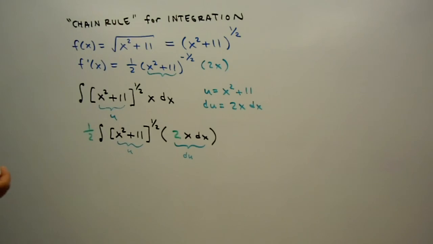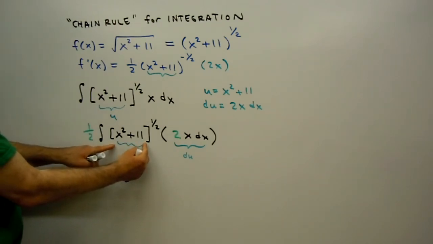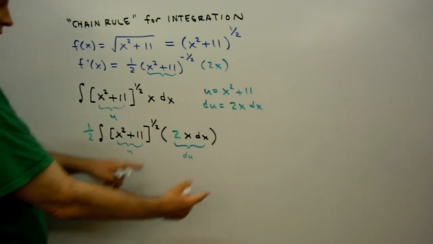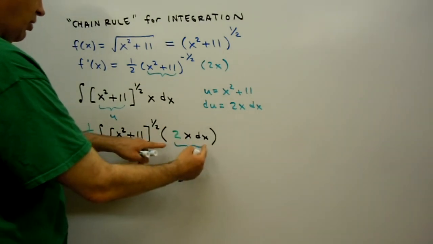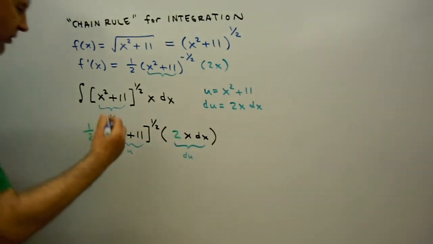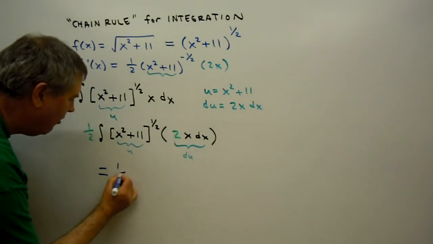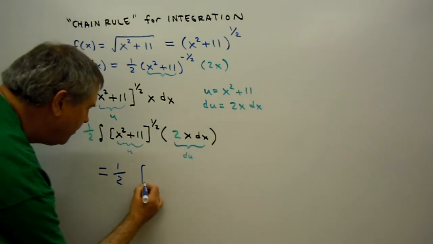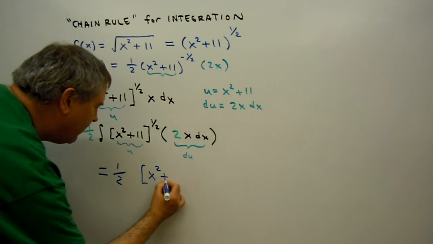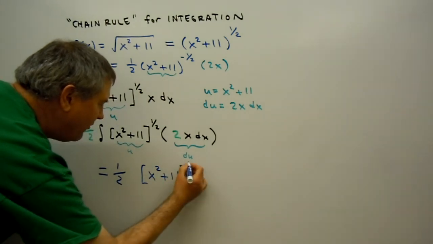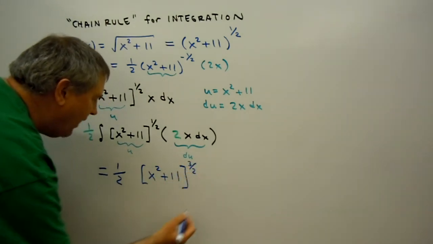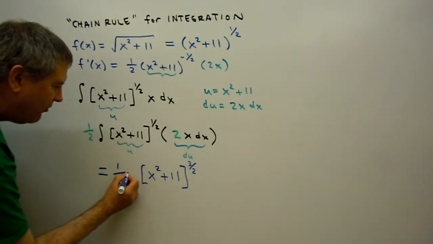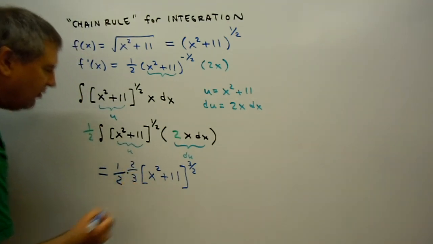So now we want to see where this came from. And you're thinking of it as the x squared plus 11 to the 1/2 power, and that was the derivative of the inside that would have been produced. So going in reverse, we end up having 1/2, and then we have x squared plus 11 raised the power by 1, 3/2, dividing by the new power, which is the same as 2/3.